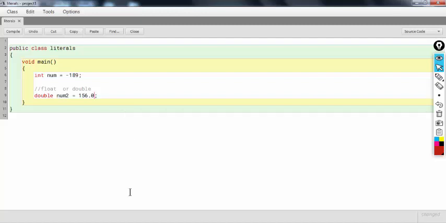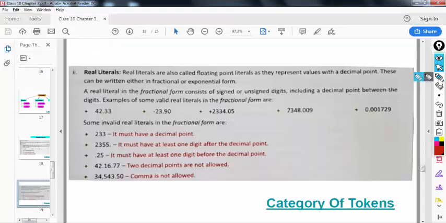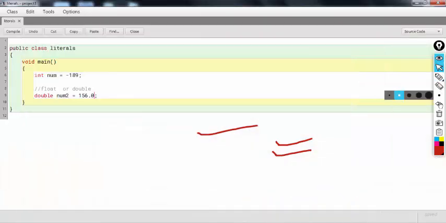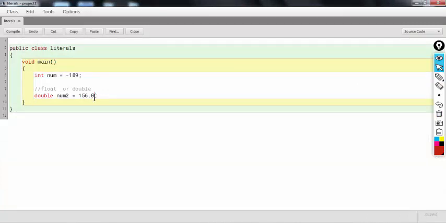So that is what is meant by this statement here. It must have a decimal point. Next point is it must have at least one digit after the decimal point, and at least one digit before the decimal point. Okay, so let us say I remove this 0 here, and now it is just 156 dot. So this will result in an error, as you can see.